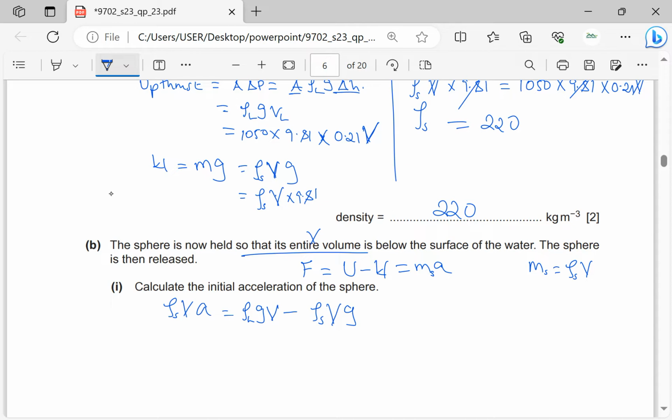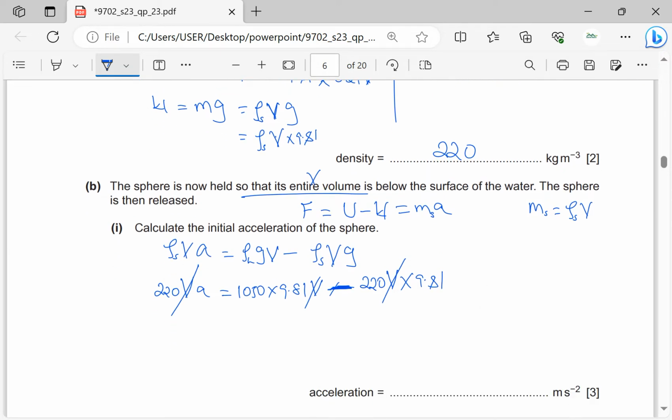So the density of the sphere is 220, its volume is V, acceleration is A, the density of the liquid is 1050, then times G, which is 9.81, then times V, then minus the density of the sphere, which is 220 times V times 9.81. So V cancels out because it's everywhere.